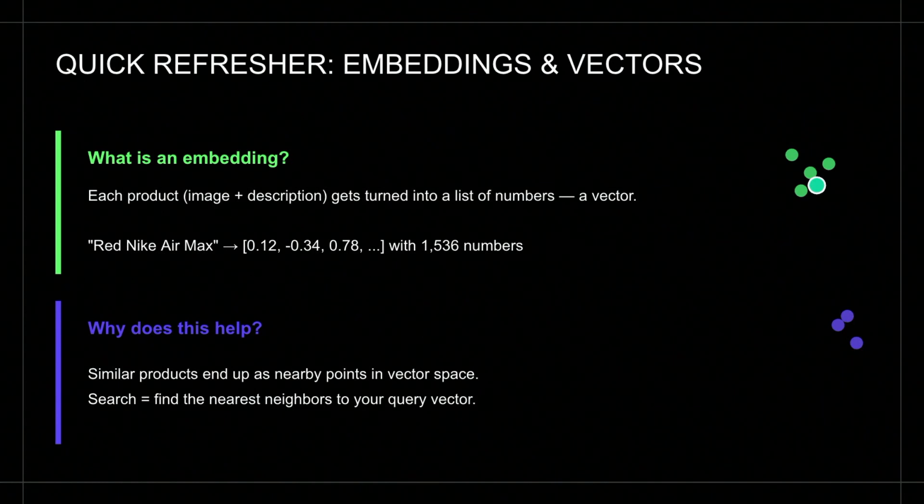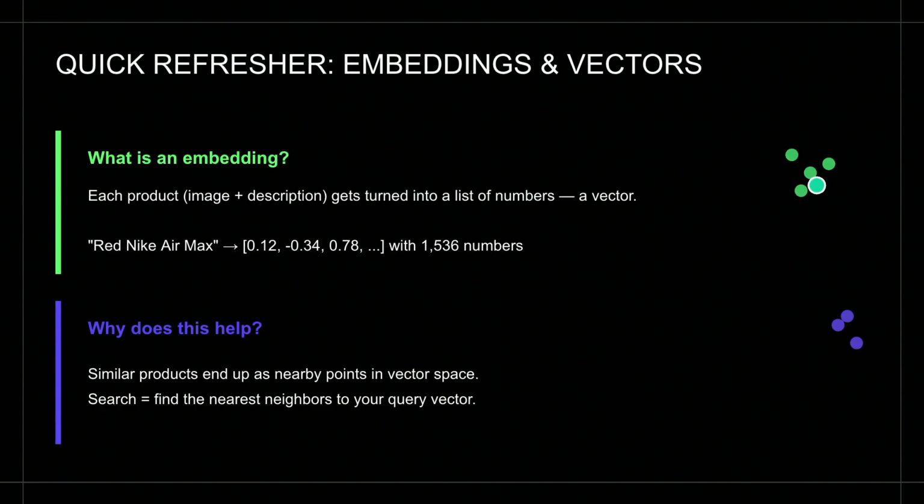So before we dive into the databases, quick refresher on vector search and embeddings and vectors and terms around it. So what is an embedding? Each product, it can be a list, an item, a description, an image, it can be anything. It gets converted into a list of numbers.